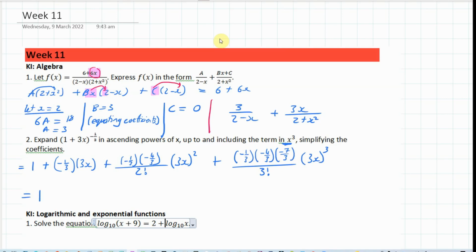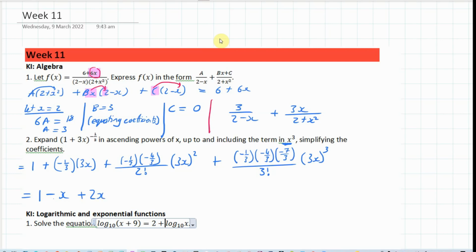And what does this give us? 1 minus x. This one here, so we get 4 over 9 times 9 cubed. What's that? Let's have a look. 4 over 9 divided by 2 times 9. So I think that gives me 2x squared.